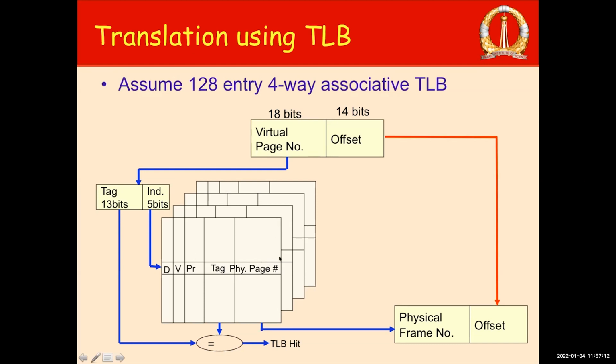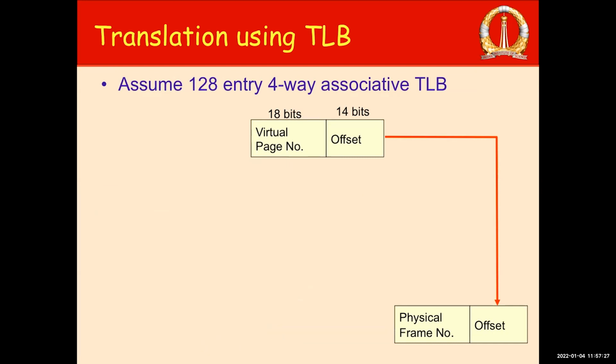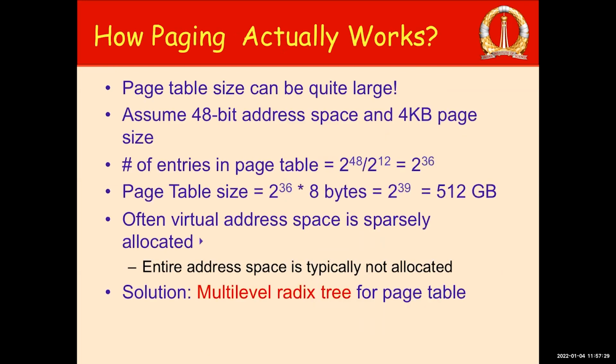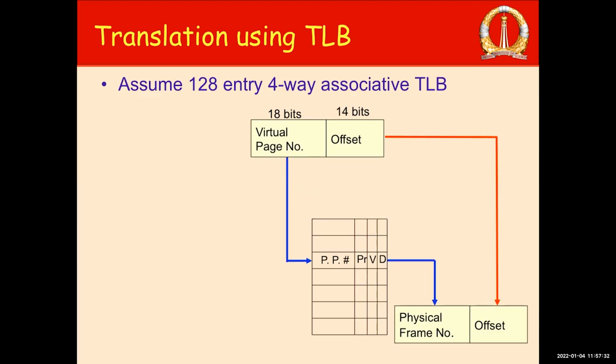That means that none of these 128 entries contain this address translation. Essentially, we're looking only at the 4 entries because it's a 4-way set associative TLB. If they do not contain the data that you are looking for, then it's a miss in your TLB, and in this case, you have to actually access your page table. Only in those cases do you incur 2 accesses. Whenever it's a hit in the TLB, you incur only 1 access. Whenever you have a miss in the TLB, you have 2 accesses.